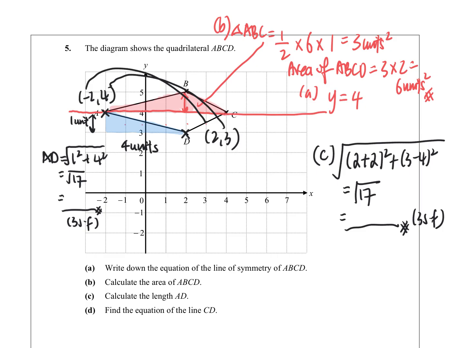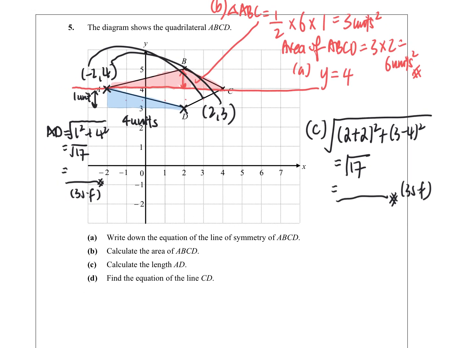Okay, so next is finding the equation of CD. To get started, you need the gradient of the line. So gradient is rise over run. The rise here is 1 unit. The run here is 2 units. So the gradient of CD is half.